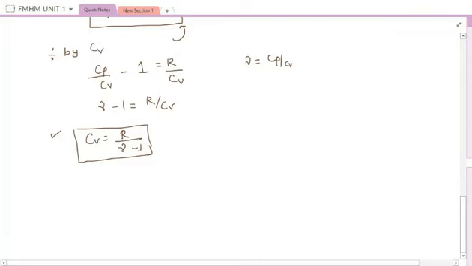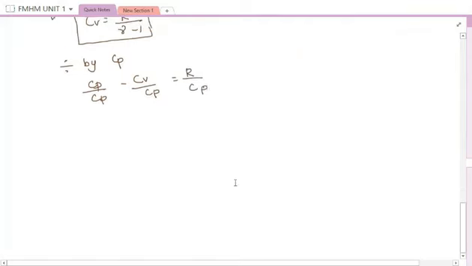Likewise, if you divide equation 2 by the term Cp, let's see what will happen. Cp divided by Cp minus Cv divided by Cp equals R divided by Cp, right? So Cp gets cancelled and you get 1 minus Cv by Cp.